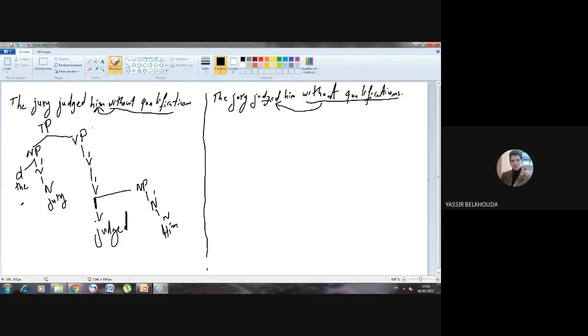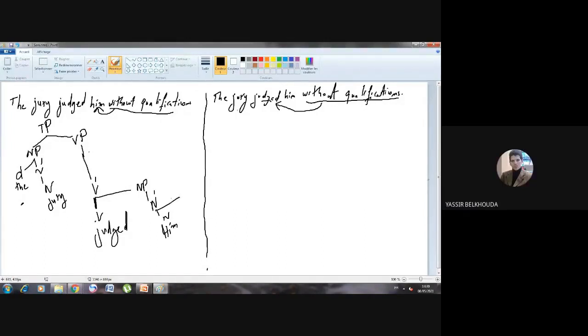And then we branch the preposition from the NP, not the V bar, since in the first ambiguity, it is connected to the object, not the verb. So the first interpretation is that without qualifications refers to him. So we branch it from the N bar. Is it complement?